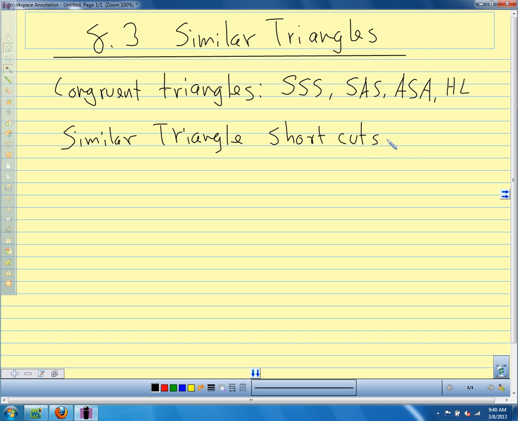So the first one is, and you might have been thinking of this, Jenna. We can show that two triangles are similar by angle, angle.